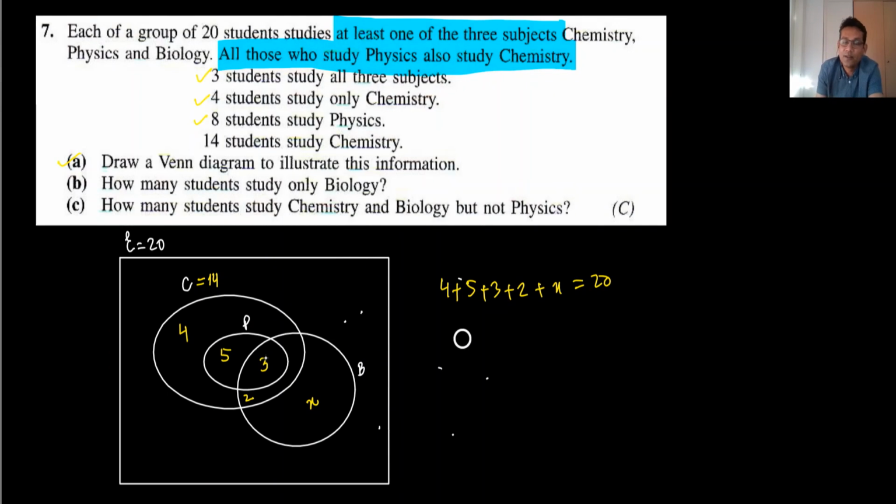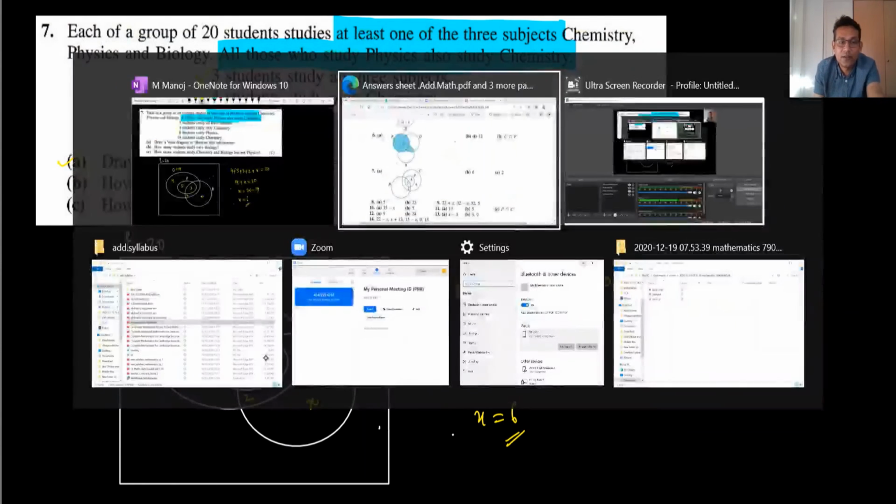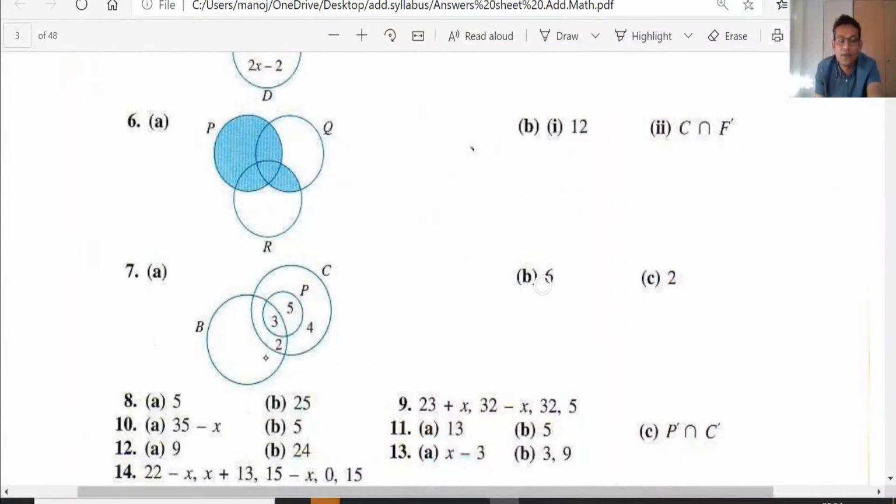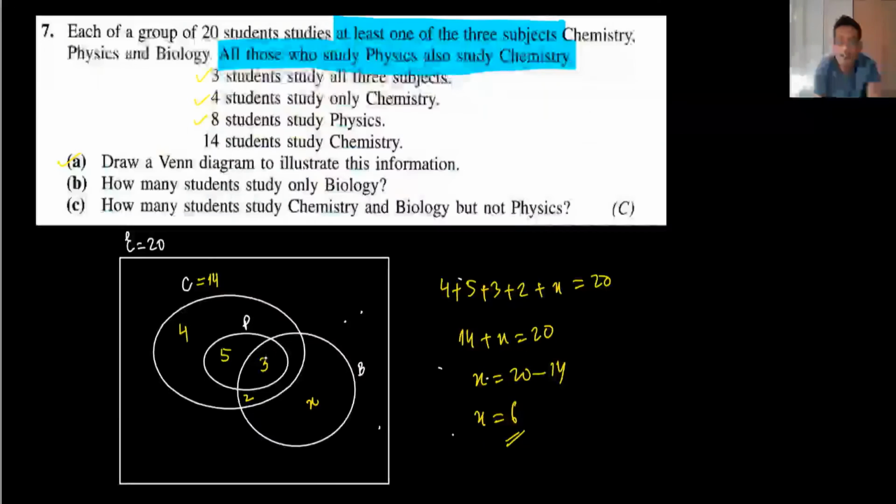Mistakes are possible in math, there are so many numbers; we learn from our mistakes. 9, 12, 14 plus x is equal to 20, and x is equal to 20 minus 14, and x is equal to 6. Check the answer is 6 or not. It is absolutely 6. We have done it.